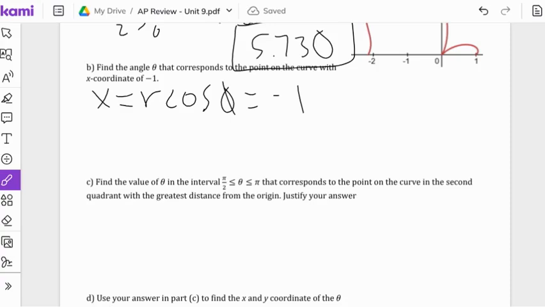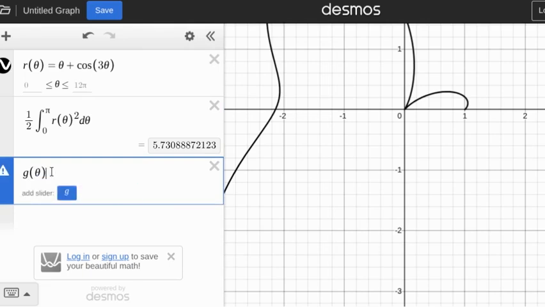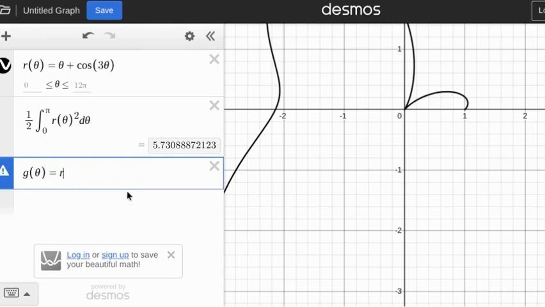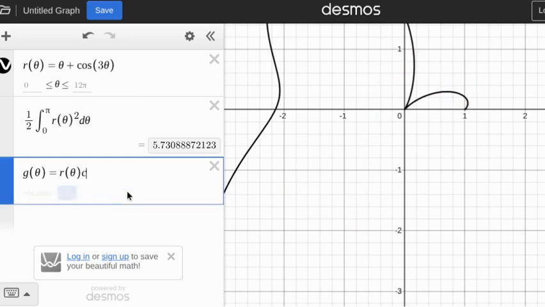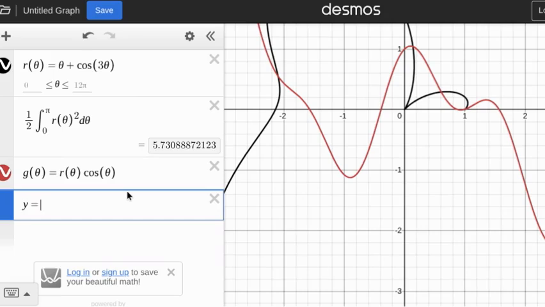The way we do that on the calculator is we could use any name for our x function. I'm just going to say g of theta equals r of theta cosine theta, and then I'm going to do y equals, what was it? X equals -1?